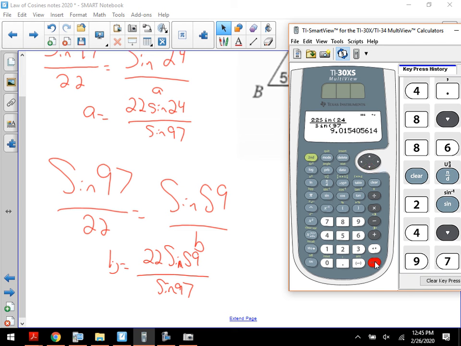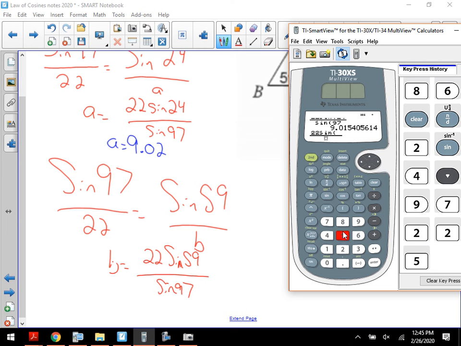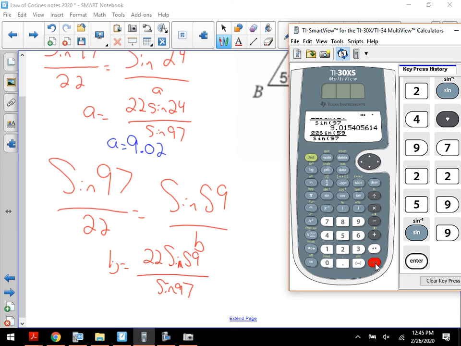There's my a, 9.02. And then b, again, fraction bar, 22 sine 59 over sine 97. And 18.999 is 19.